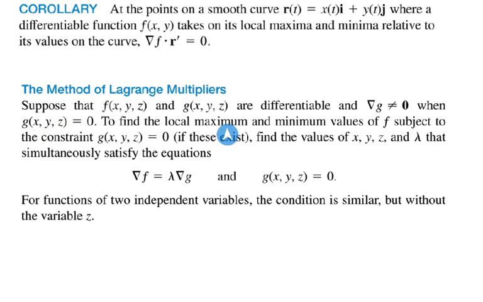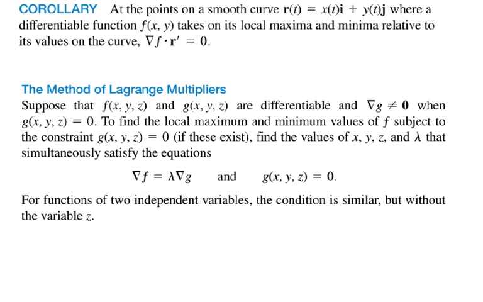If we want to find the local max and min values of a function f, subject to the g constraint, if they exist, we'll find the values of x, y, z, as well as this scalar multiple, a constant lambda, that satisfy these two equations simultaneously.